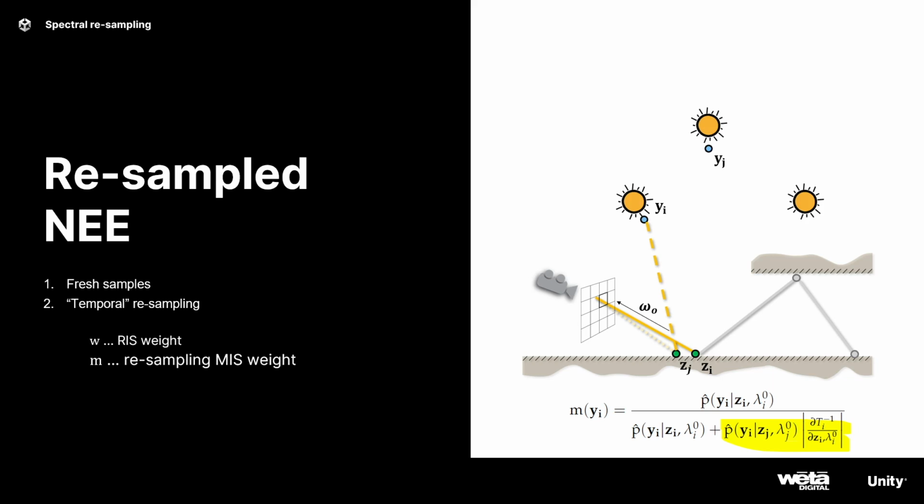So again, we need to store some auxiliary data with each reservoir so that we can evaluate these quantities. So this involves the previous point zj. We also need to store the previous normal. We also need to store the wavelength, the hero wavelength that we used to compute the previous iteration for that given pixel.